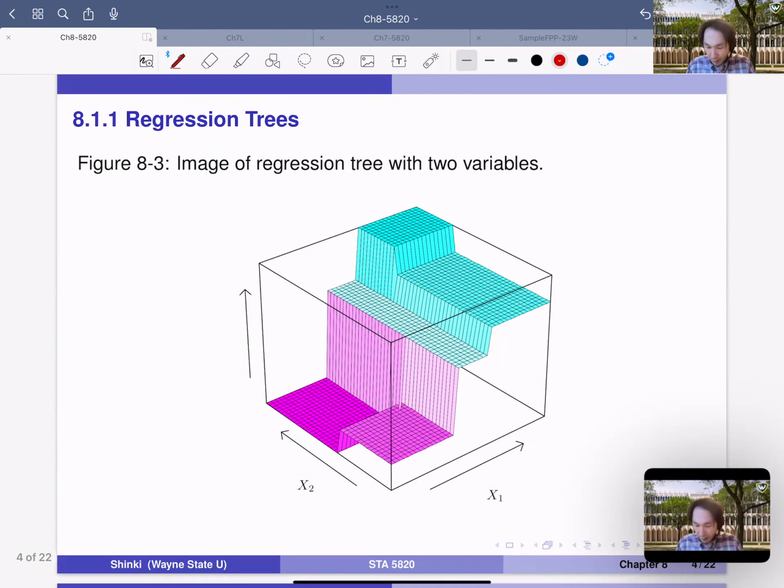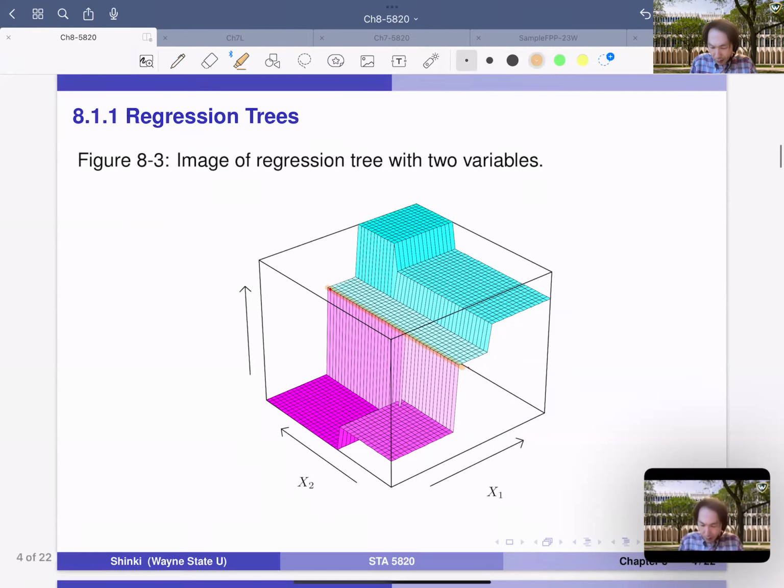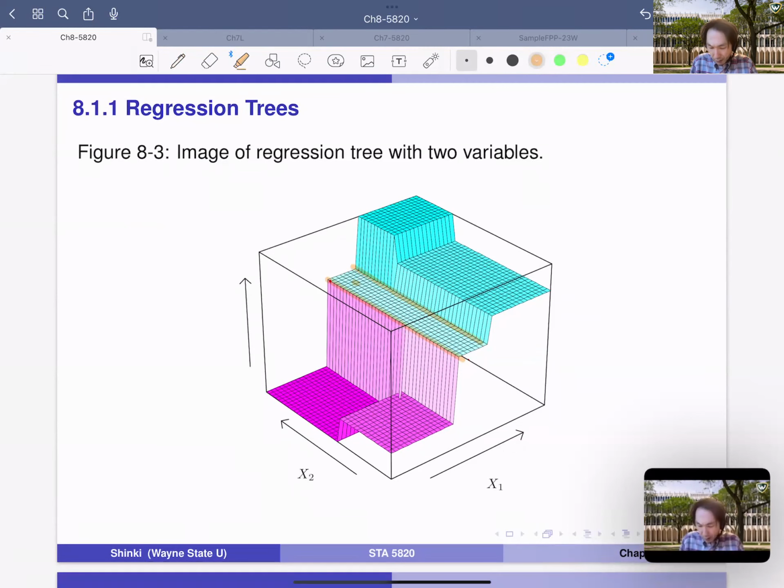So this is the image of fitted value of regression tree. In this case, we have several splits. How many splits here? We split here, right? And maybe I should say that splits are made by making lines. So one split here, and another split here, and another one here, and another one here, I think.